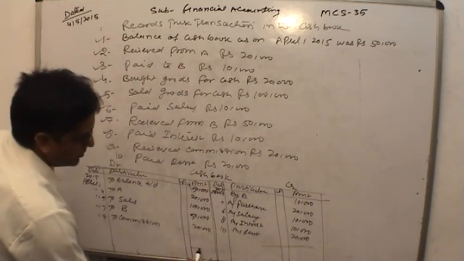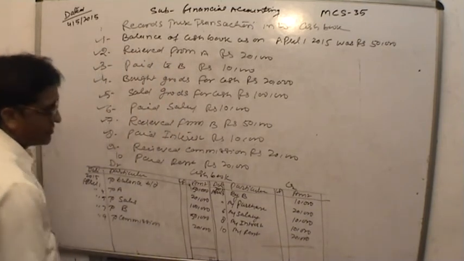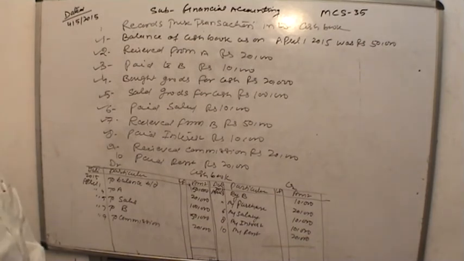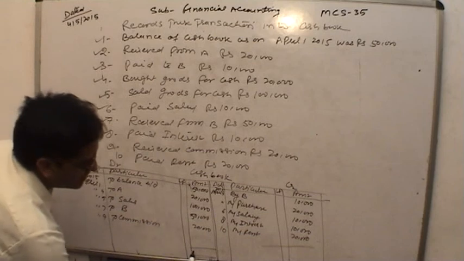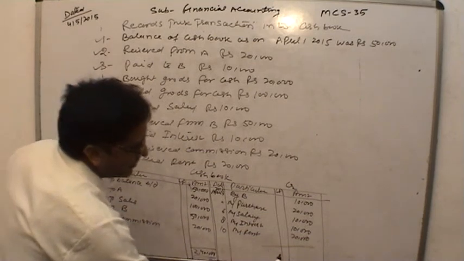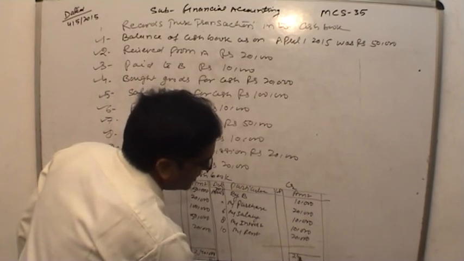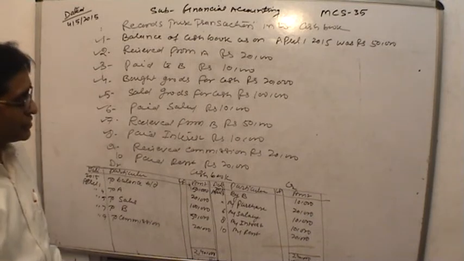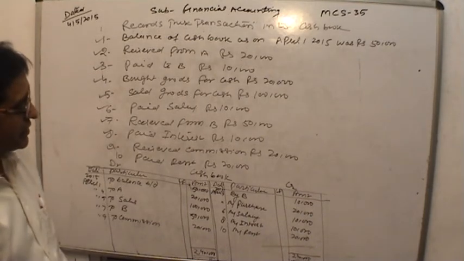And now total of debit side: 1 lakh, 2 lakh, 40,000. 2 lakh 40,000 here, and close the accounts by double line.